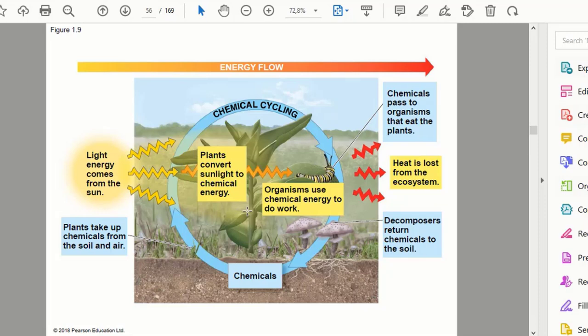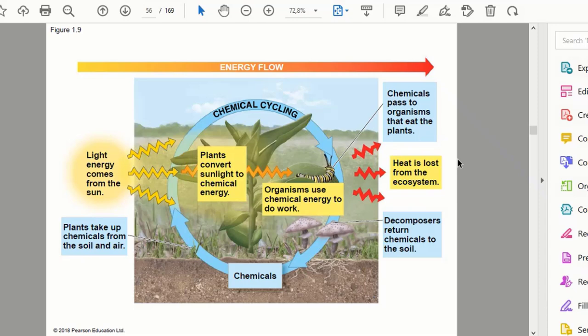And you know the definition from primary school, where they would ask you what is energy. Energy is the ability or capacity to work, or to produce work, or to do something. So that's how these organisms or animals, for lack of a better term, use this chemical energy to do the work, and then those chemicals pass to organisms that eat the plants.